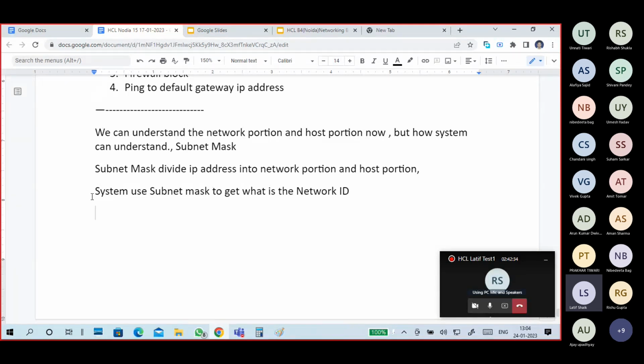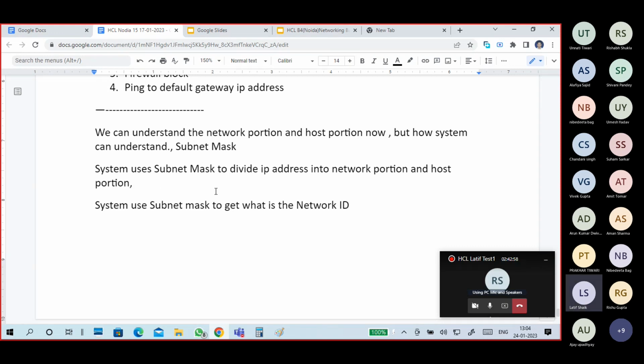Devices must have the same network ID to communicate with each other. The system uses the subnet mask to divide the network ID and host ID. That is the way the system uses the subnet mask to divide the IP address into network portion and host portion.